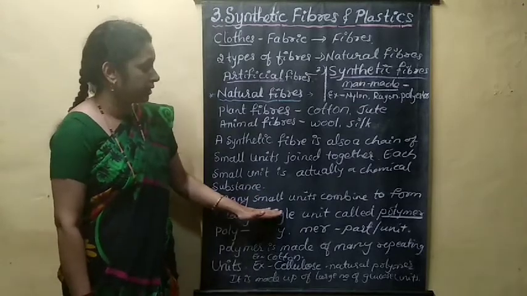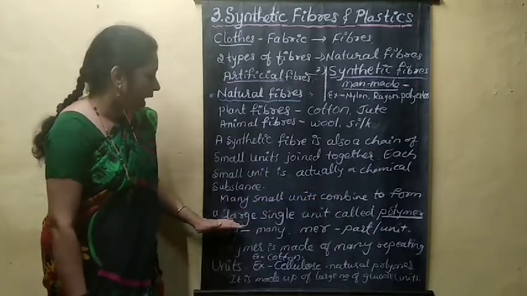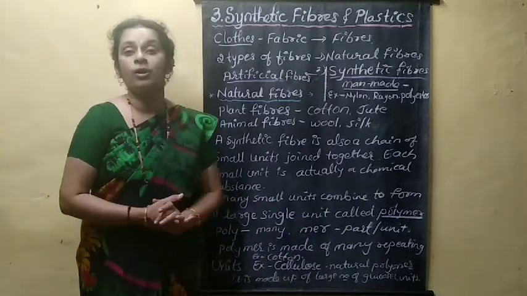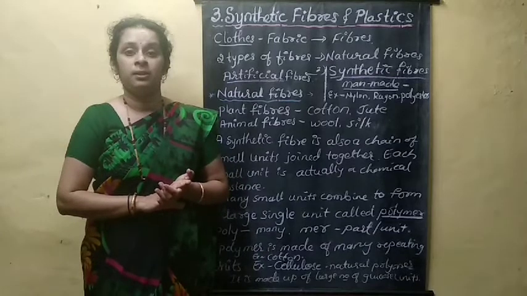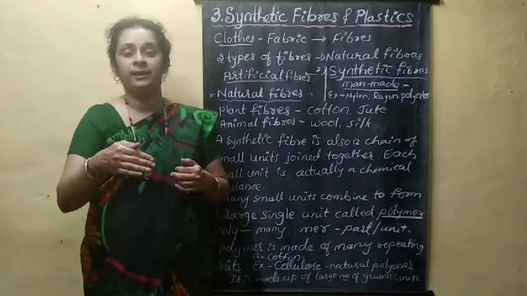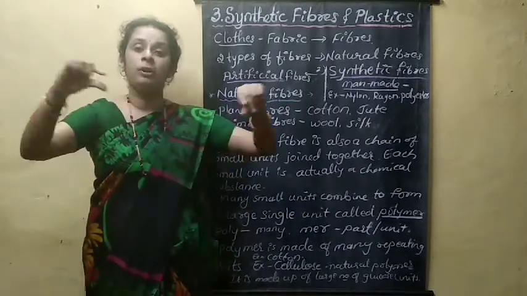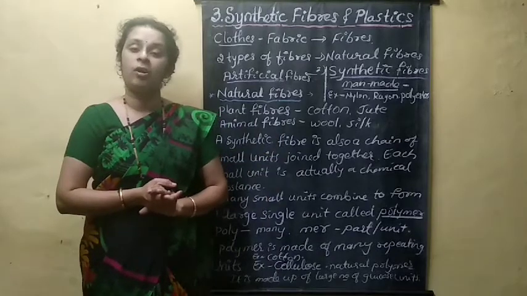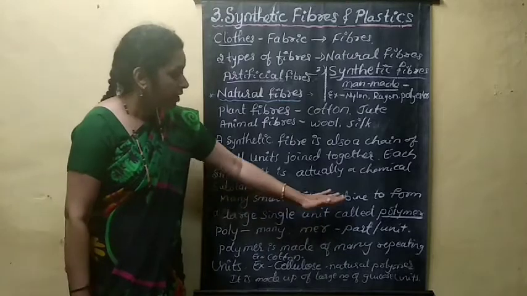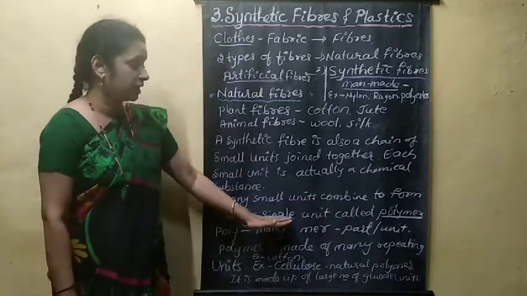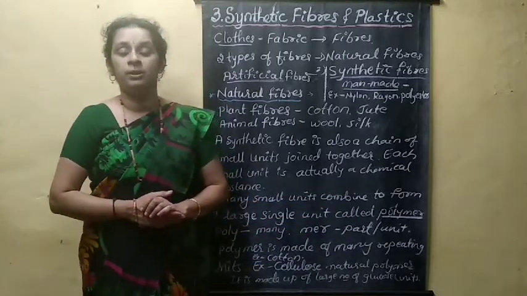Many small units combine to form a large single unit called polymer. What is polymer? Many small units repeat again and again, join again and again, and form a long chain, that is called a polymer.